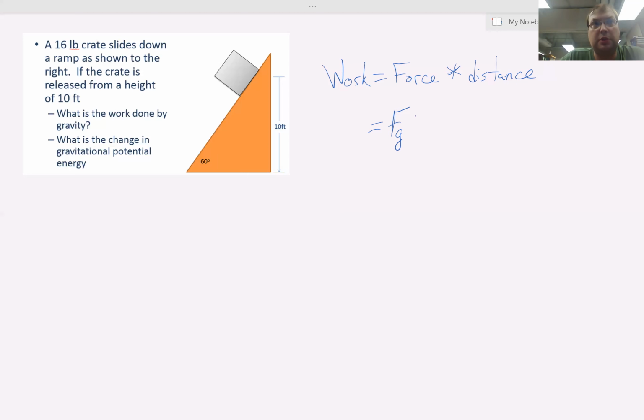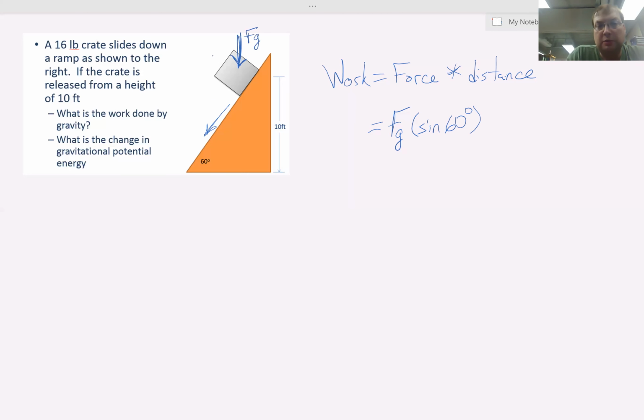The difficult part that we need to look at is what is the path? Well, the path, remember, is along the incline itself. So in this case, the force of gravity is going to be multiplied by the sine of the angle, in this case 60 degrees, because if we look at this, we recognize that the force of gravity is always acting downward.